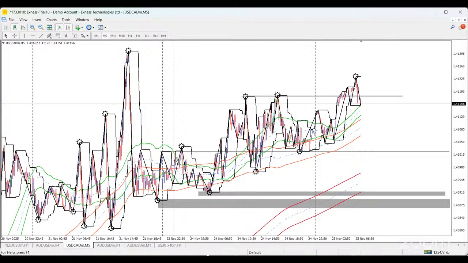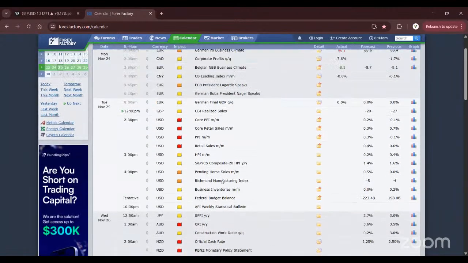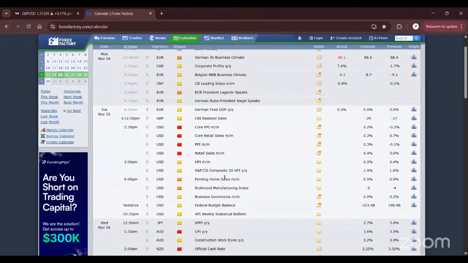That is pretty much it for what I'm looking out for. Let me quickly look at Forex Factory to see what high impact news release we have coming out today. Okay, so today is the 25th of November, 2025. That is a Tuesday. We happen to have a few high impact news releases coming out.